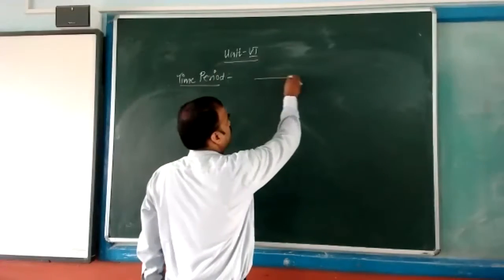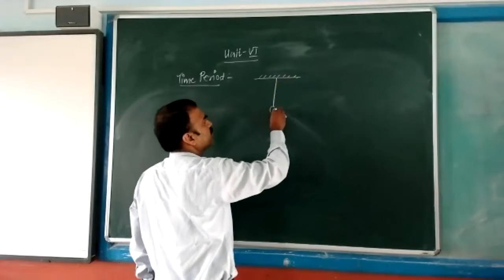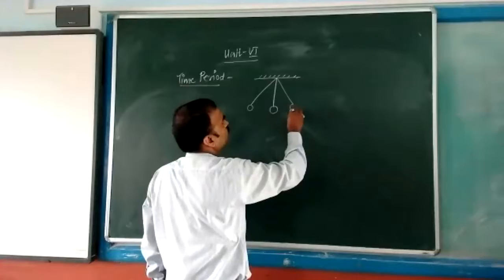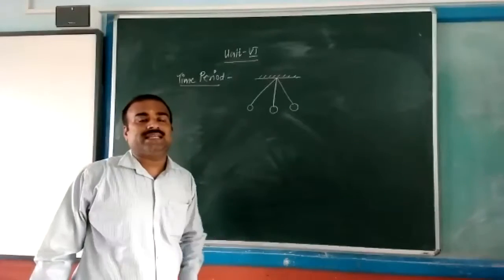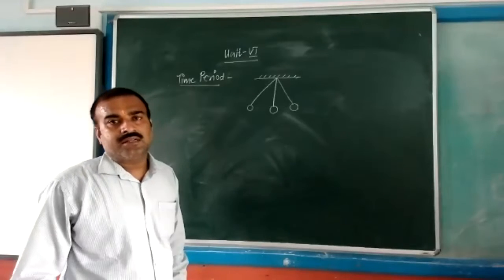If we take a simple pendulum and it is oscillating to and fro from its mean position, then for completing one oscillation, whatever the time taken is known as what? Time period.